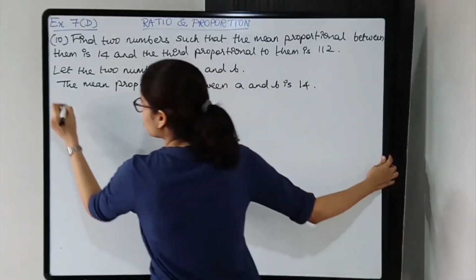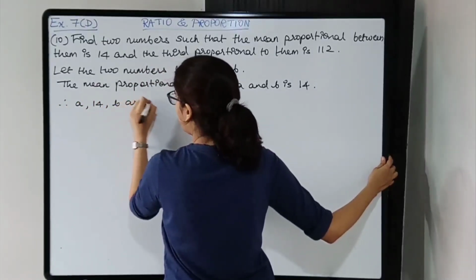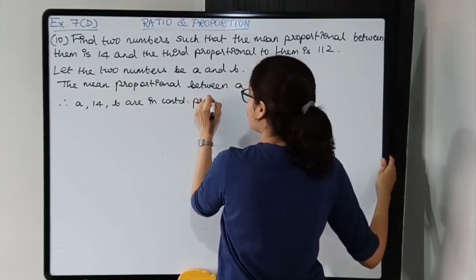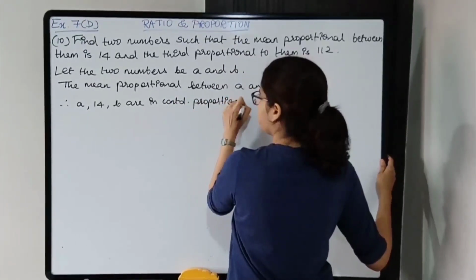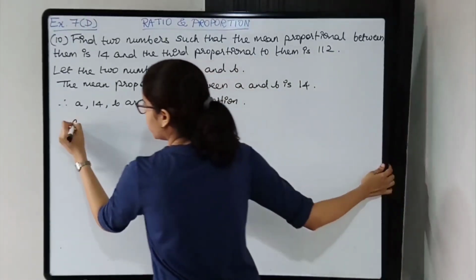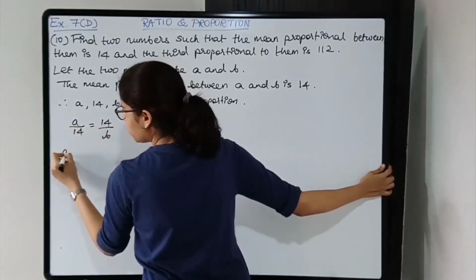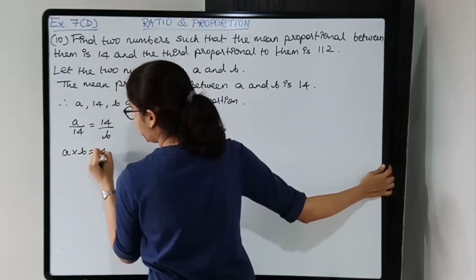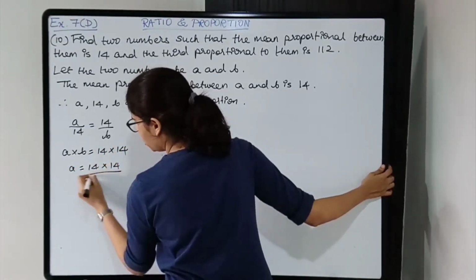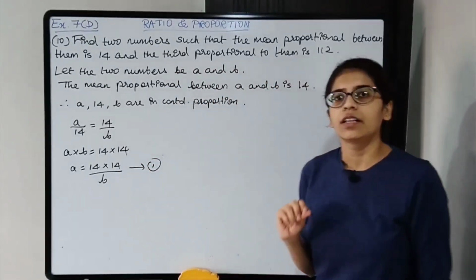Therefore a, 14, b are in continued proportion. Write the full word, you will not use short forms. So a upon 14 is equal to 14 upon b. Cross multiply: a into b is equal to 14 into 14. So a is equal to 14 into 14 upon b. Mark this as 1. Now the second condition.